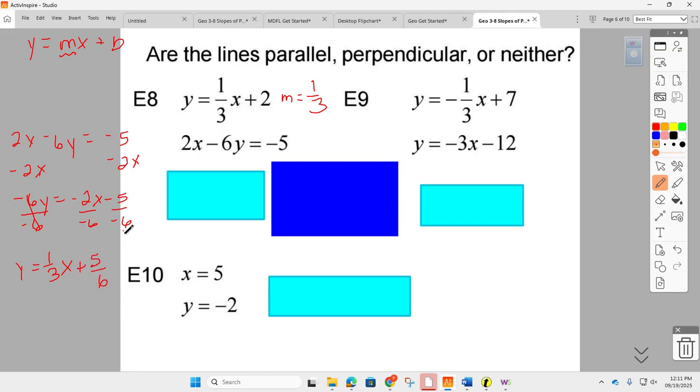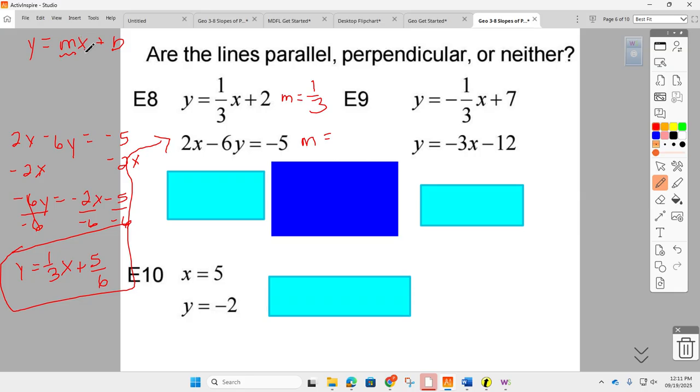So now, what is the slope of this line, Carlin? This line is the same as that one. So what is the slope of this line? I did rewrite it.